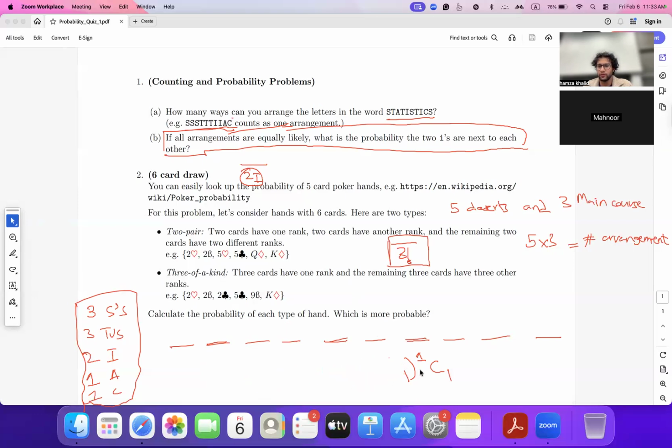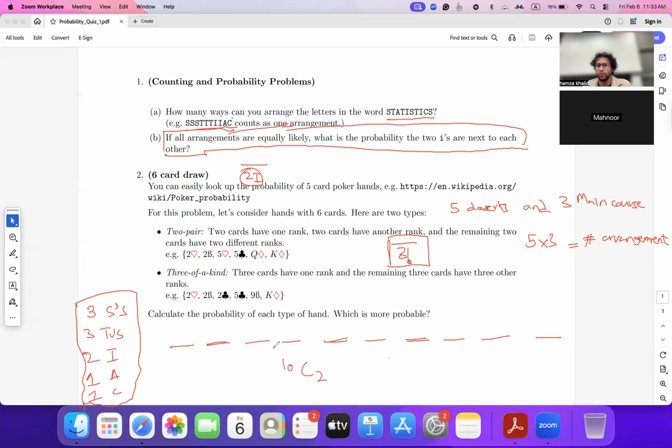You know the answer to this. Let's say from these slots, you want to choose two slots and then fix your I's onto those slots. What would be the mathematical representation of that? 10 choose 2, right?